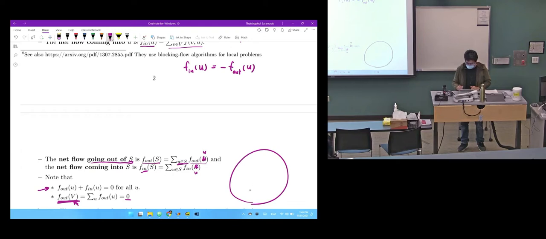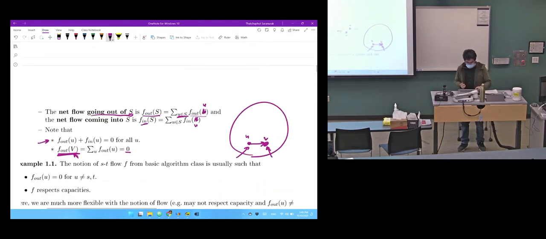For every edge here, you count UV. When you count at V, this thing gives some negative number, but when you count at U, you cancel that negative thing by the same amount. So everything just cancels.